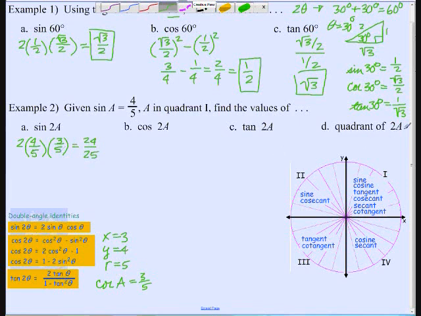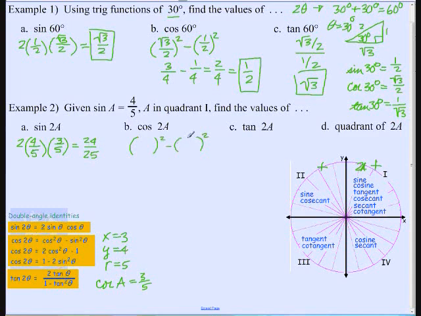So I see over here we're going to be figuring out what quadrant the double angle is in. I know that my double angle, 2 theta, at least the sine is either here or here, right? Because it's positive. Then I have the cosine of the double angle, and I have learned by now that I take the cosine of the single angle, square it, and subtract the sine of the single angle squared.